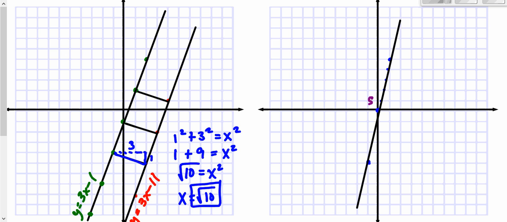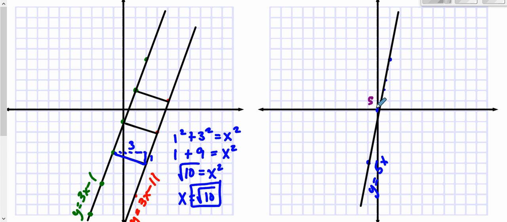Okay, so I'll just move that over just slightly. I don't love how I drew that, so I'm going to go ahead and change this up just a little bit. There we go. So this is the y equals 5x. And then I'm going to go ahead and plot the plus 26.